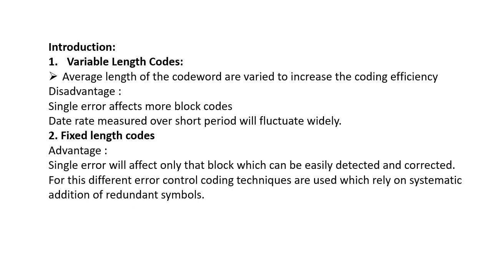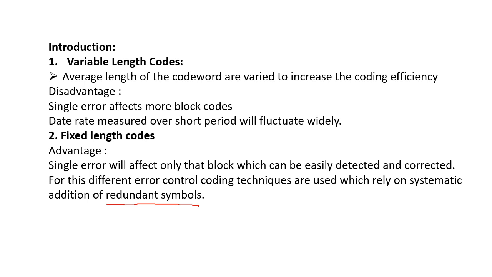The advantage of fixed length codes is that a single error will affect only that block of data, which can be easily detected and corrected. For this, different error control coding techniques are used which rely on systematic addition of redundant symbols.